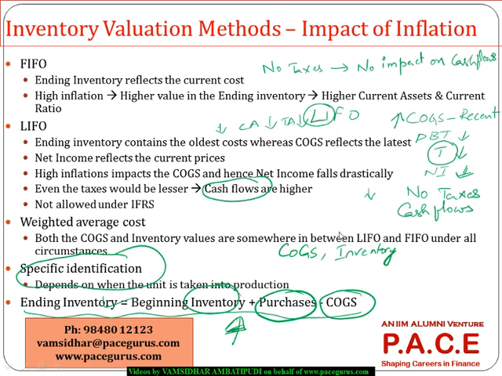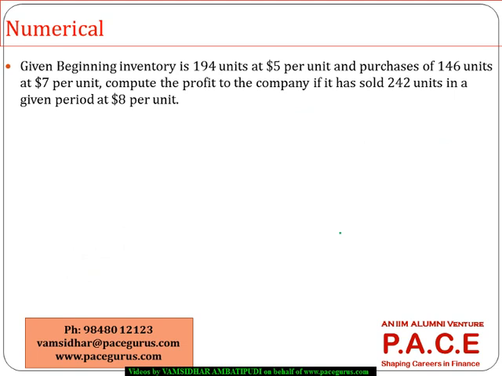Alright, moving further, just a quick numerical to work out. Given the beginning inventory is 194 units at $5 per unit. So what is the beginning inventory with the company? The beginning inventory with the company is $970 worth. 194 units at $5 per unit was the purchase price.